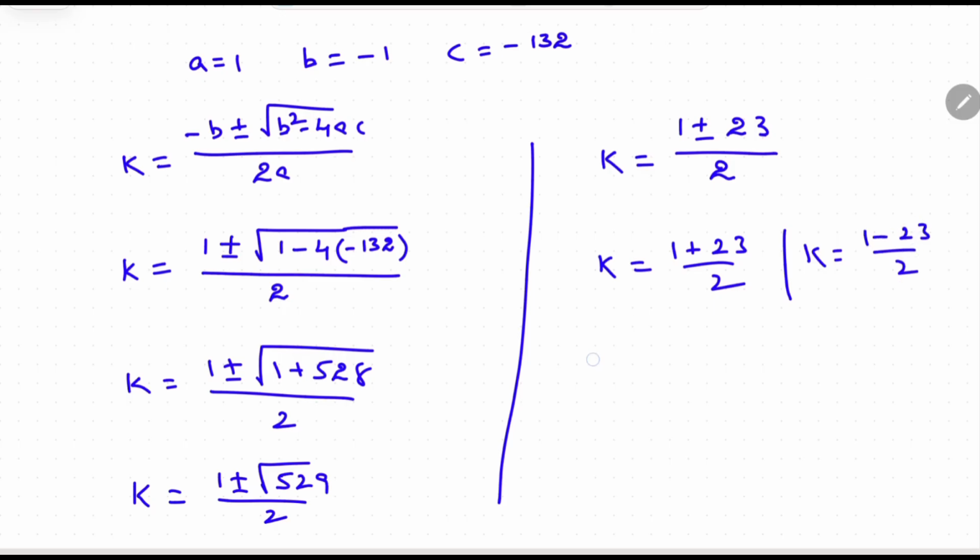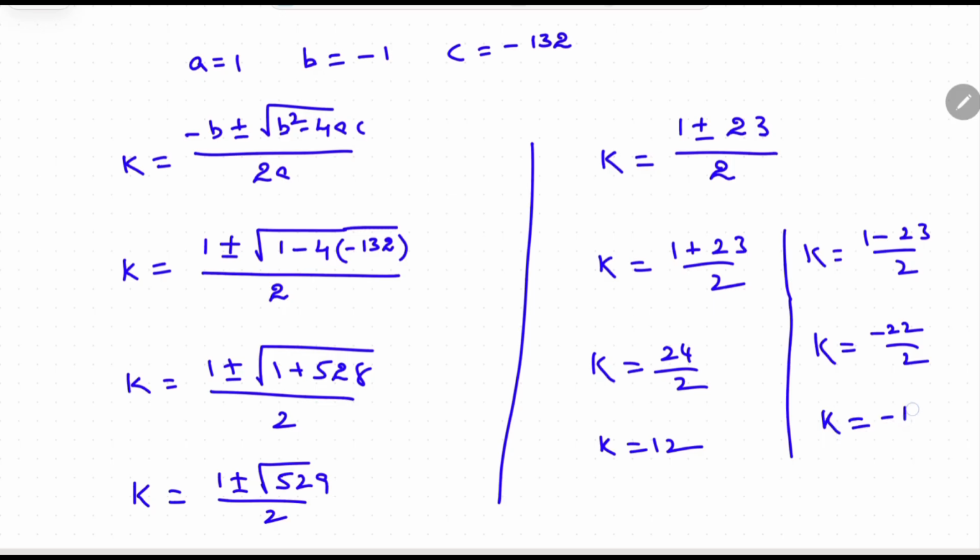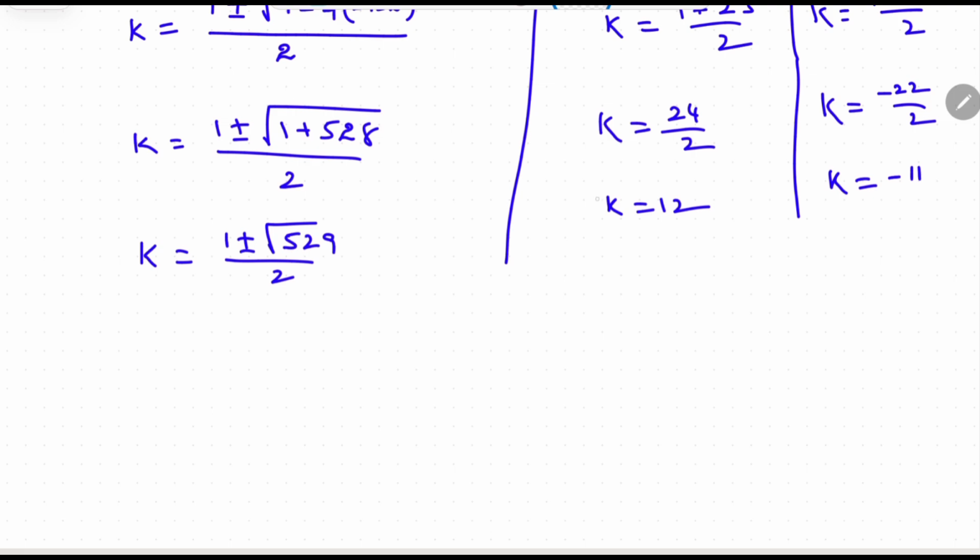So k value 24 by 2, therefore k is equal to 12. Here k value minus 22 by 2, k is equal to minus 11. Therefore k values are 12 or k will be minus 11.